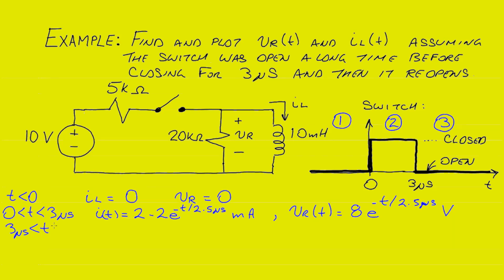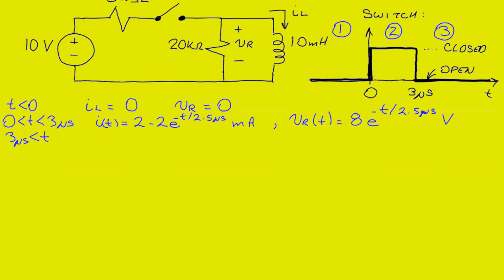But with the switch open, we're now going to have current initially stored in the inductor, given by the equation from the last period, and that current will flow through the resistor, eventually causing the voltage across the inductor to go down to 0 and the current to decay away to 0. So let's take a look now at how we'll analyze this one.